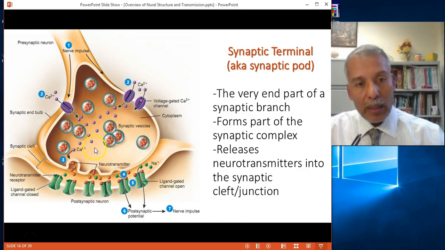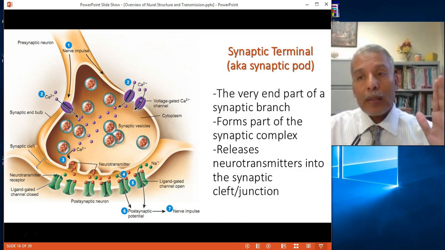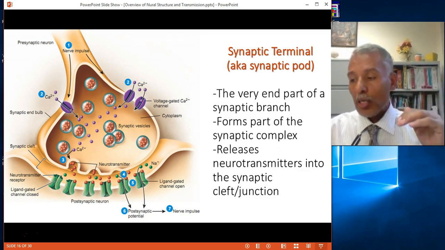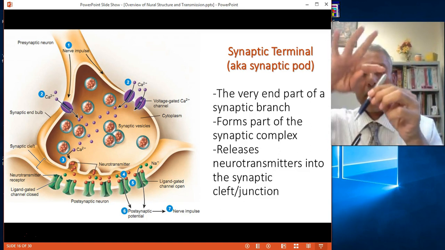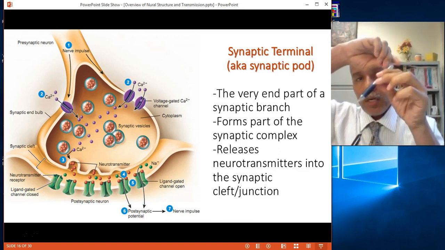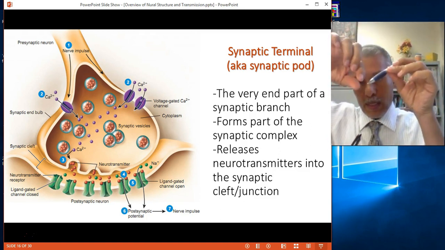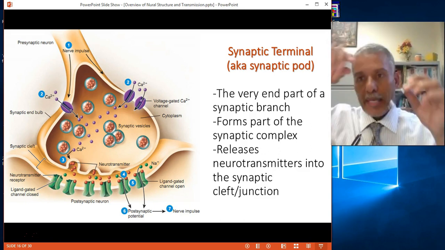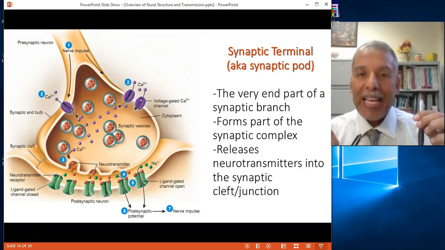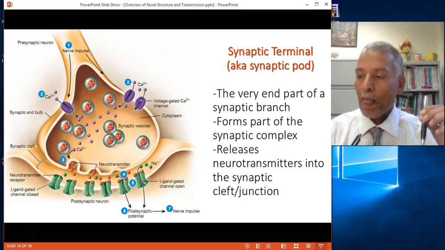So this is the synaptic pod, because signals travel in one direction, from the cell body of a neuron to the axon. The synaptic terminal is bringing in a signal, okay?